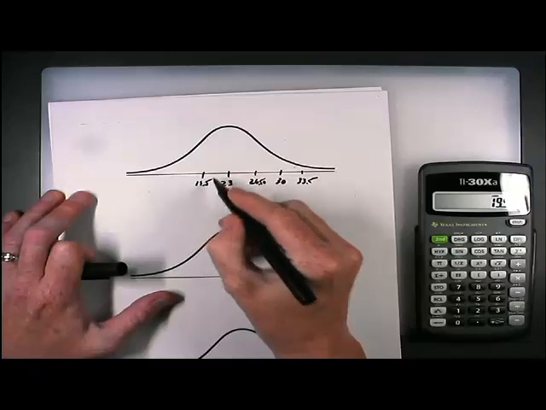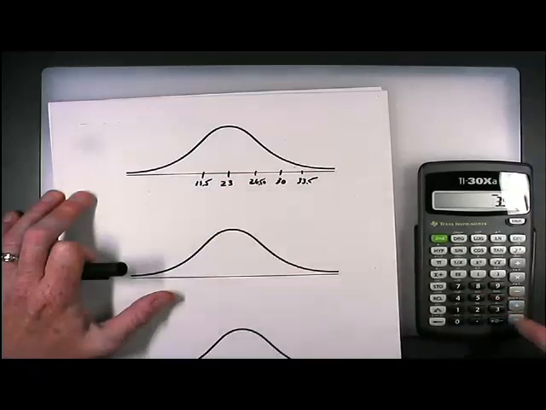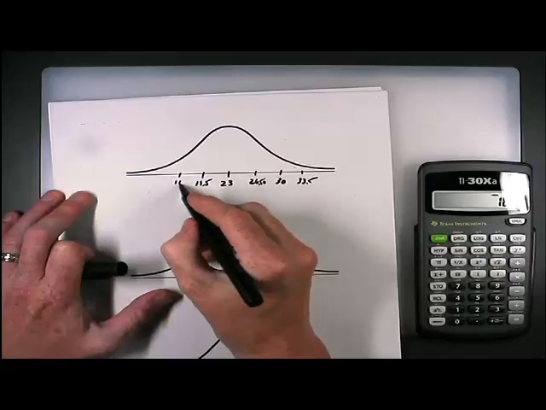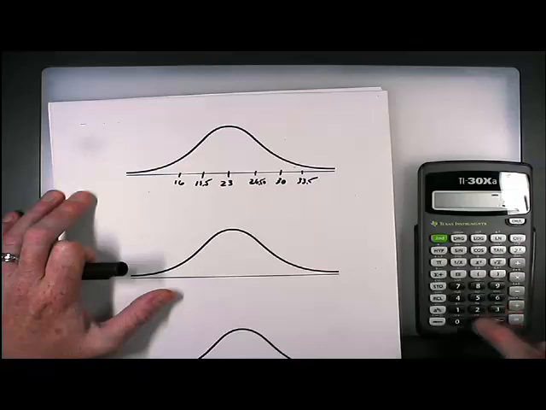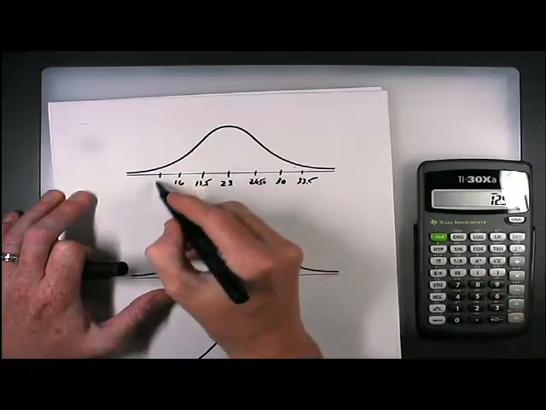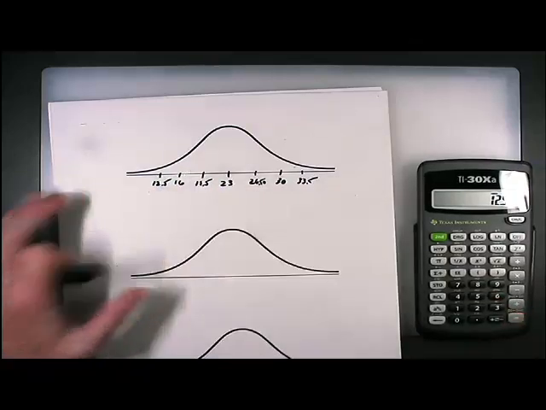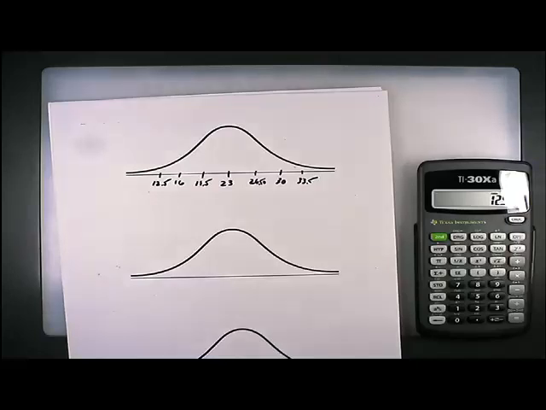Going the other way, 19.5, 16,000, 12.5. All right, so this will carry throughout.